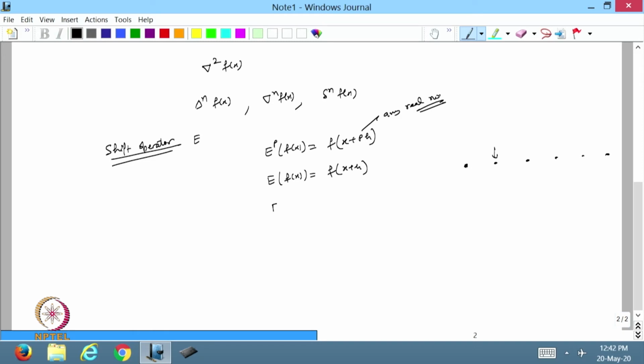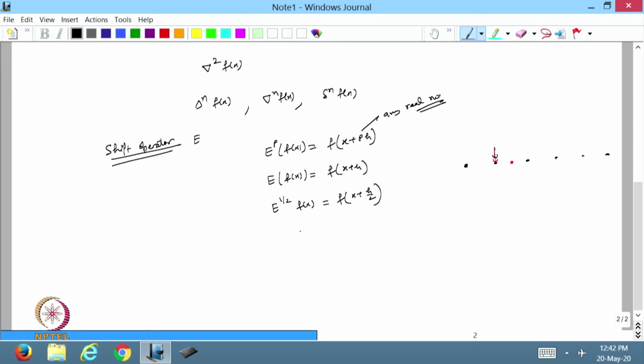Now, suppose I want to apply e raised to half on f x. This will be the value of the function at x plus h by 2. So the h by 2 is here, at this value. If I apply the operator e raised to power half at this value, I will get the value of the function at this point.